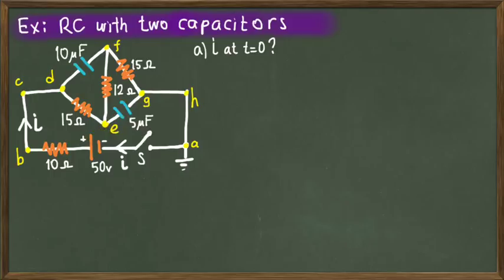and current is flowing through these points without any resistance. So you will then see that there are no capacitors at time t equal to 0, and these are just wires.